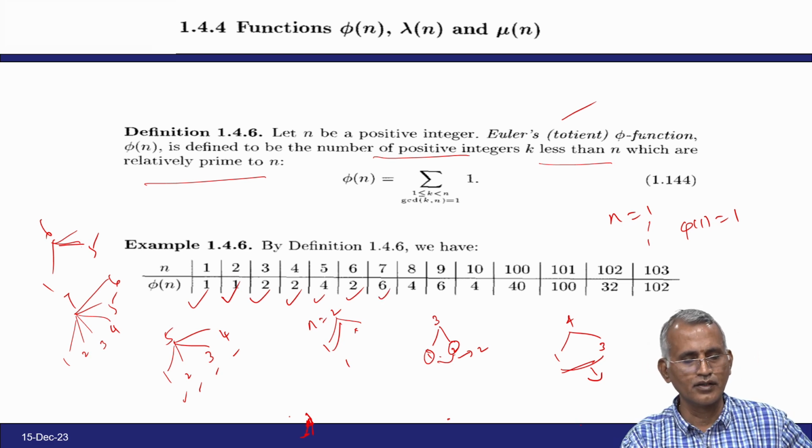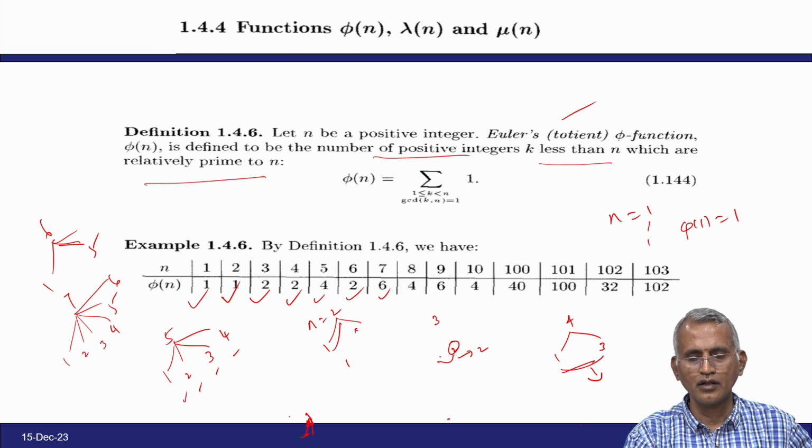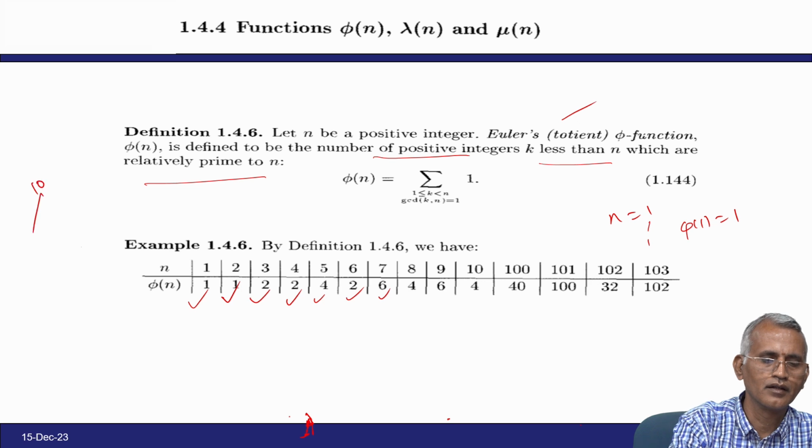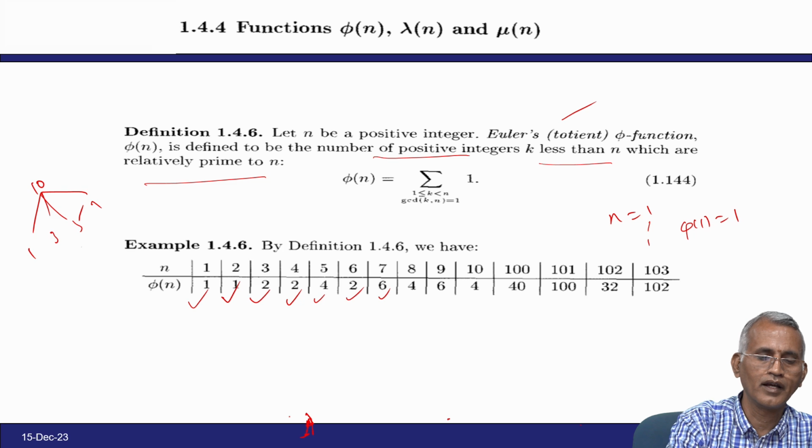Like that you have to do for 10. Relatively prime to 10: 1 comes, 2 does not come, 3 will come, 4 does not come because the greatest common divisor is not equal to 1, 5 does not come, 6 does not come, 7 will come, 8 does not come, 9 will come, 10 does not come.